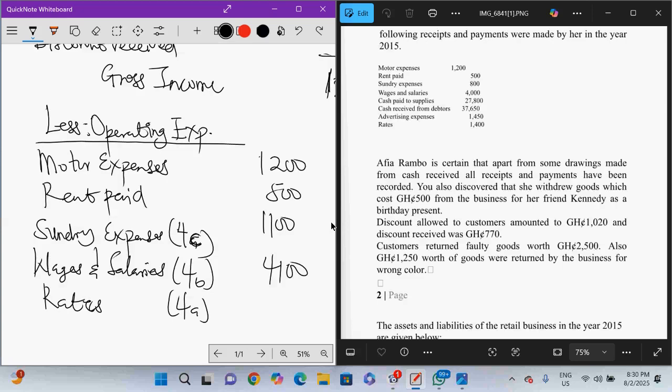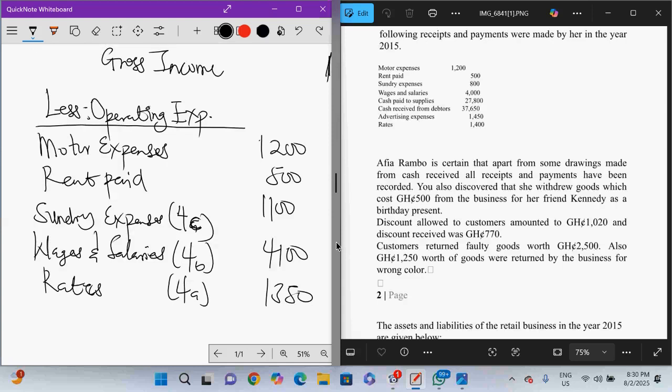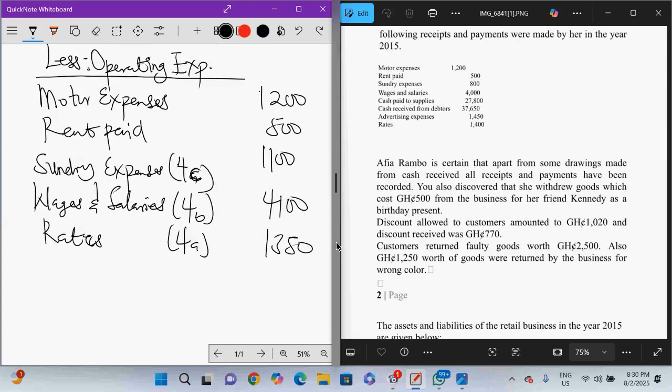So what do we get for the rate? 1,350. What else? Advertising expenses. Advertising expenses, 1,450.